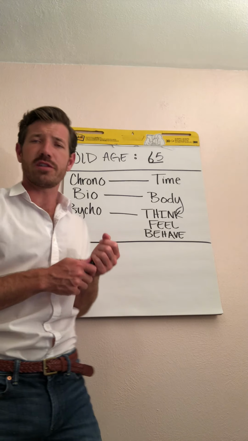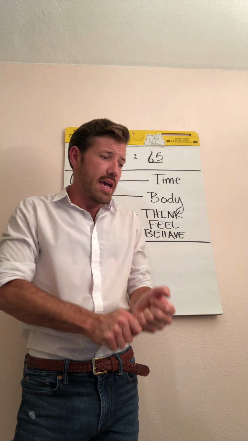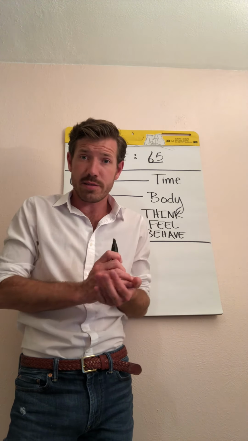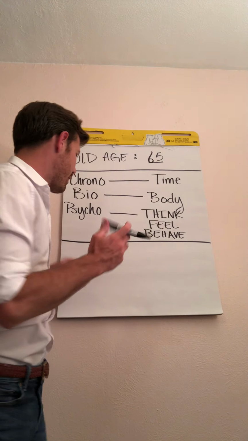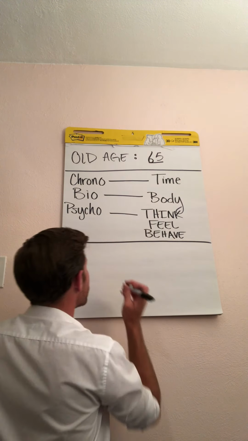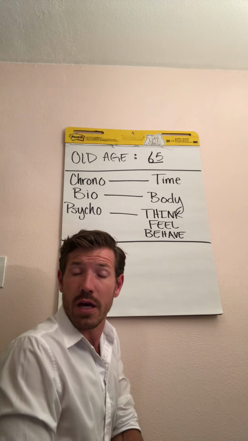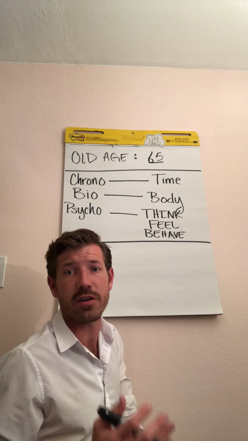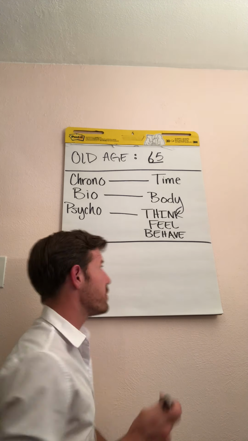Now, this last part is pretty simple. It's at the end of the chapter, and I'm just going to touch on it real quick. It's about a cycle of how there are different things that can contribute to aging and contribute to the function of a person whenever they get older.